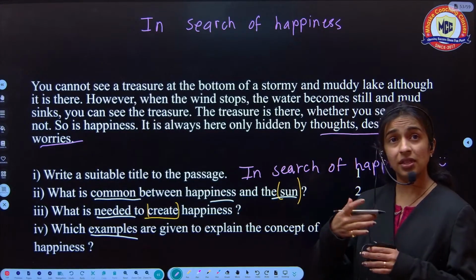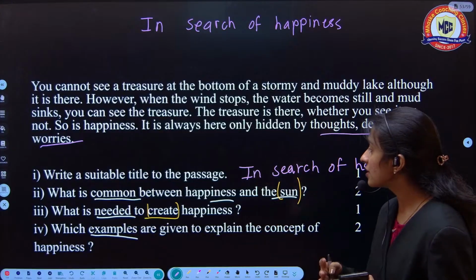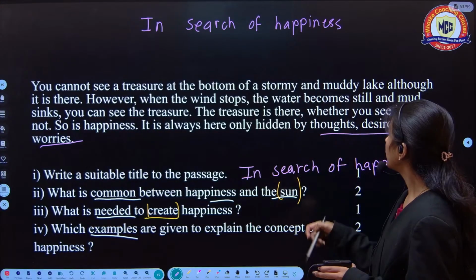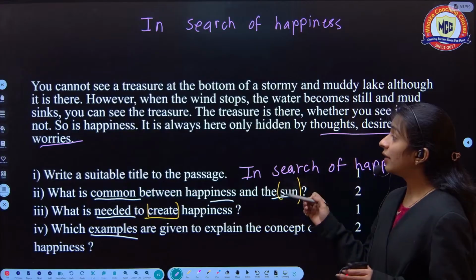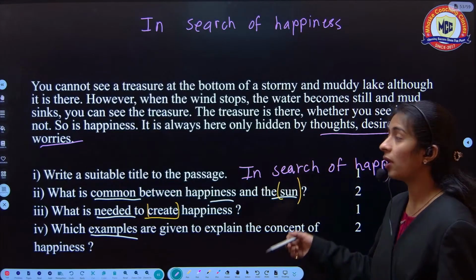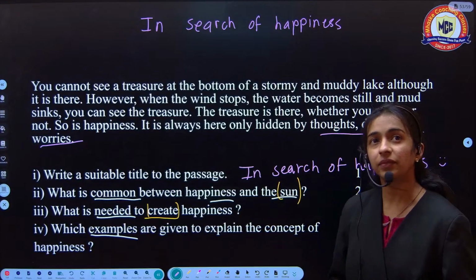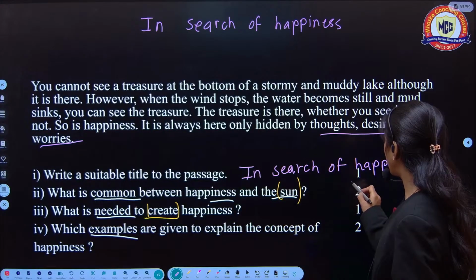The way sunshine scatters, happiness also scatters and dissolves in it. Similarly, let your happiness also dissolve the thoughts, desires, and worries within it. That will be the answer for your 2 marks.